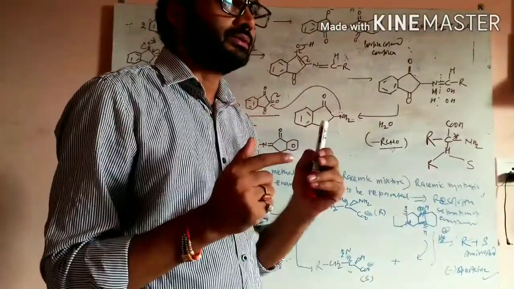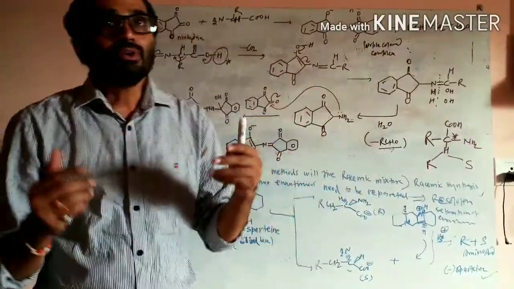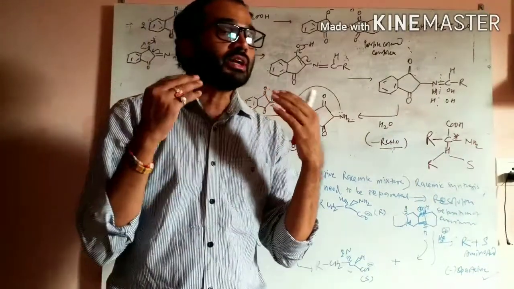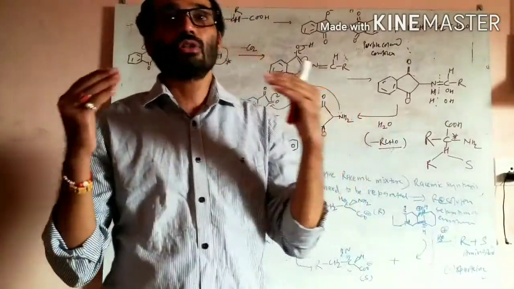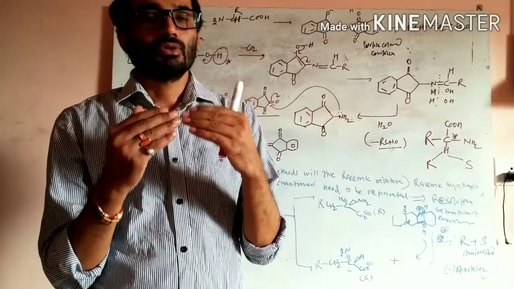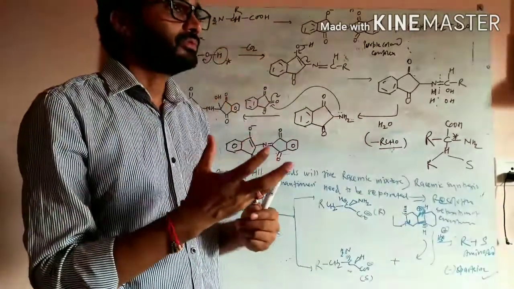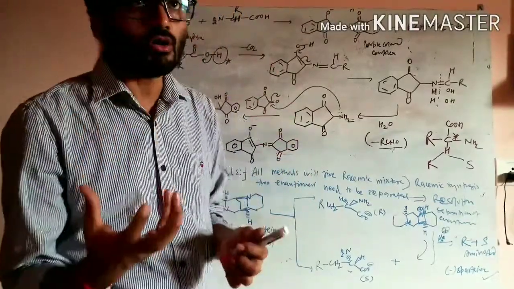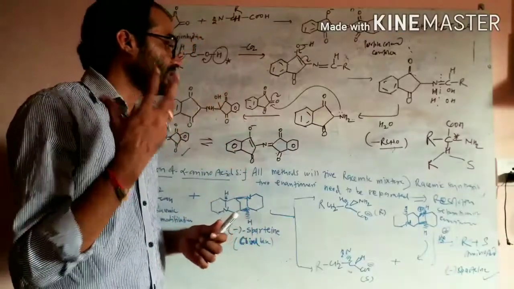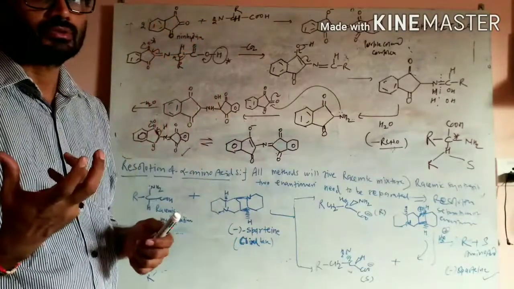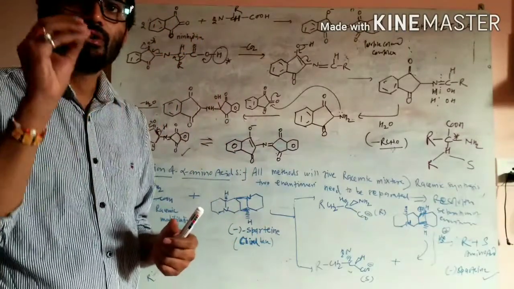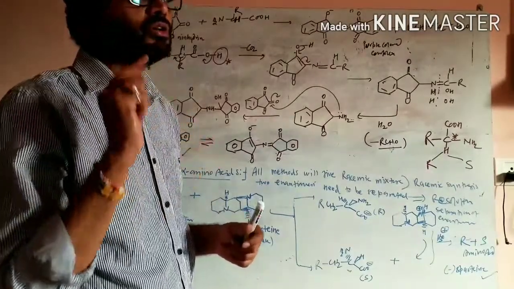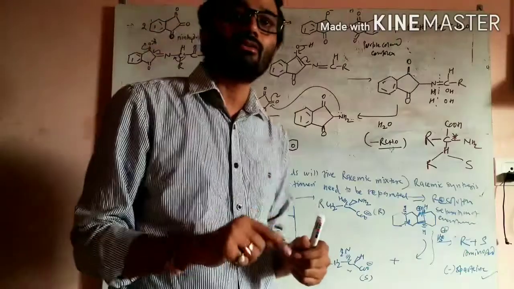And we know that when we combine the two enantiomers in equal amounts, the resulting mixture is called a racemic modification or racemic mixture, and that racemic mixture is not going to be optically active.